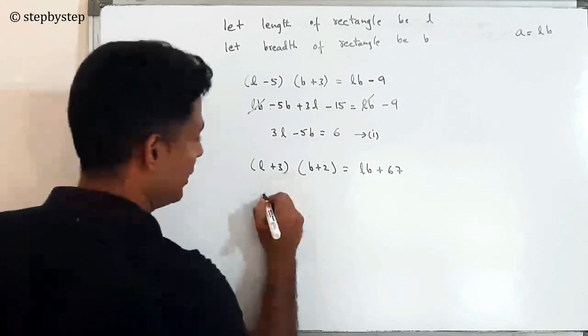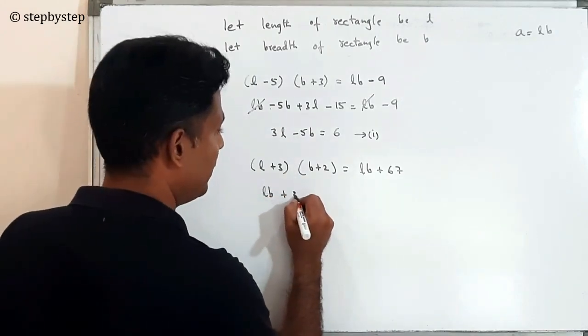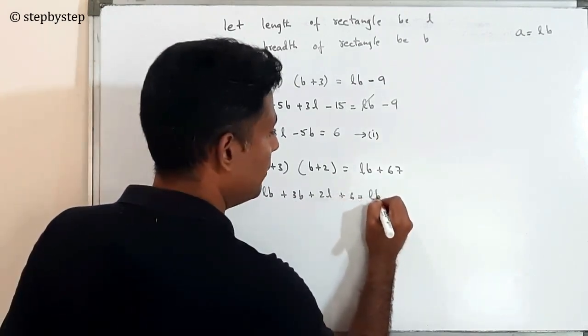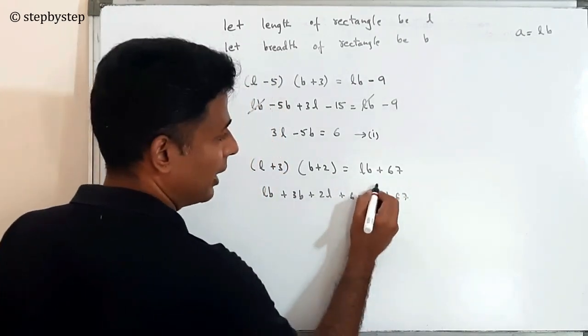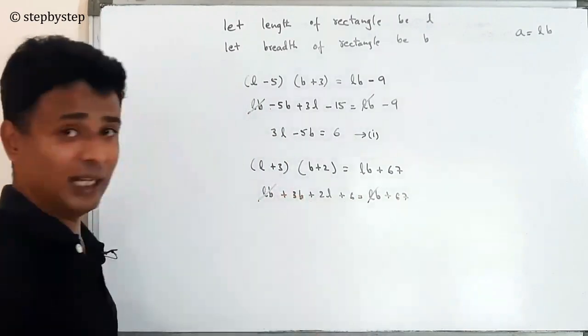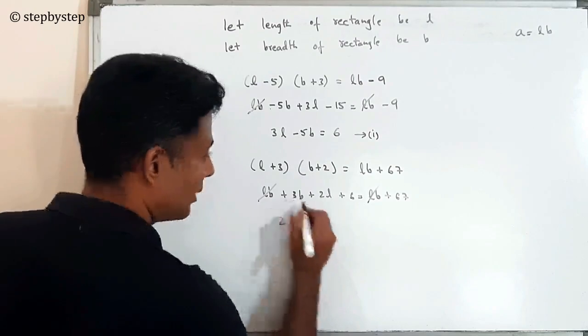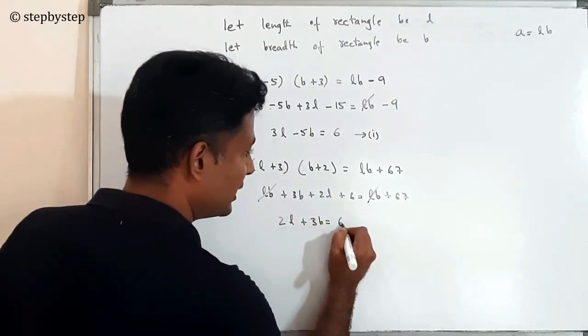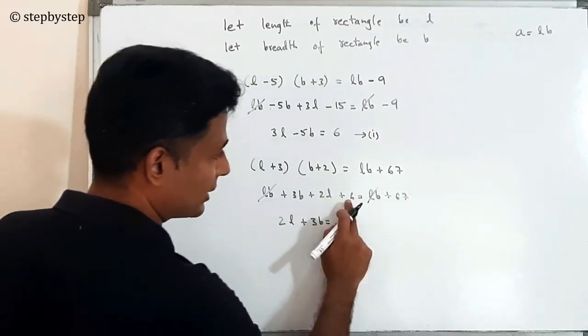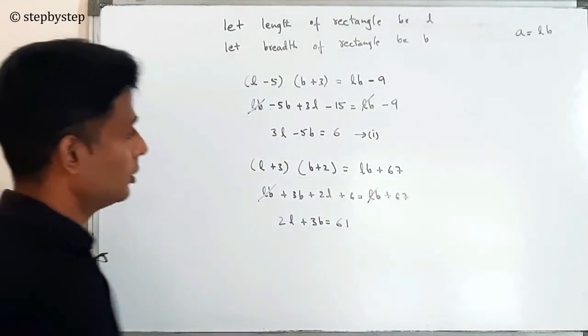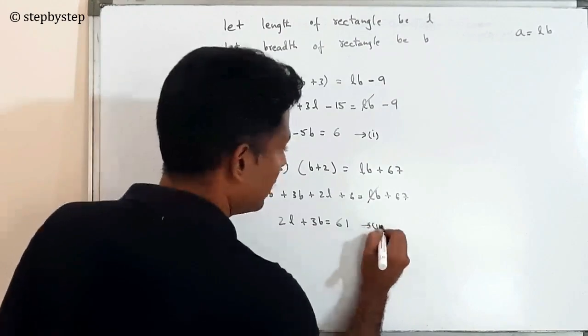So multiply, it will become LB plus 3B plus 2L plus 6 equal to LB plus 67. Again this LB and this LB will cancel. I'll get 2L plus 3B equal to 67 minus 6, so I get 61. So this is our second equation.